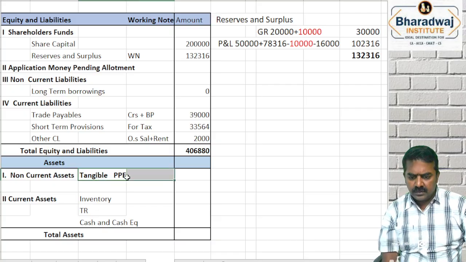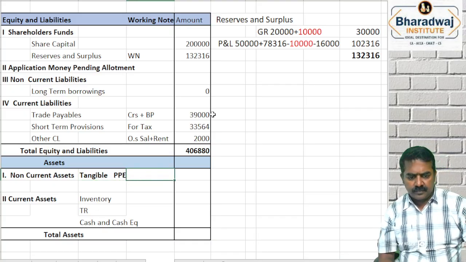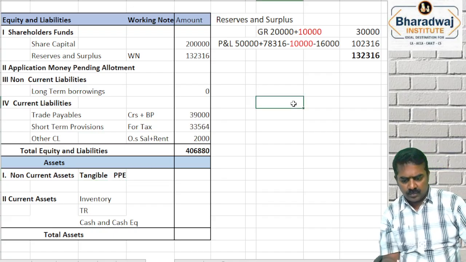Then tangible assets, plant, property and equipment. Let us do the working.